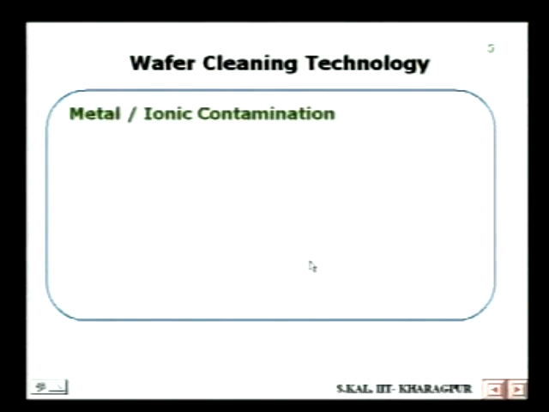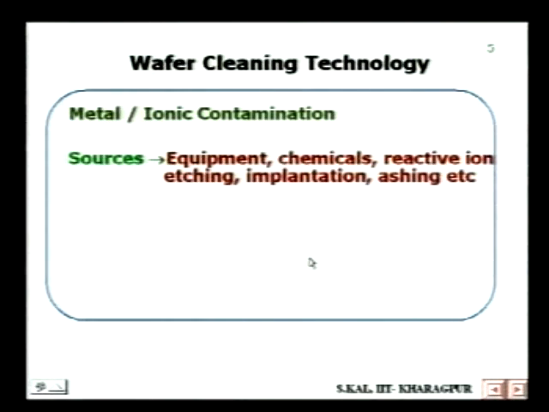In this particular case, the ionic and metallic contamination sources are equipment, chemicals, and the reactive ion etching system. It may come from implantation, and sometimes we follow a step of plasma etching; from there also metal or ionic contamination may come.